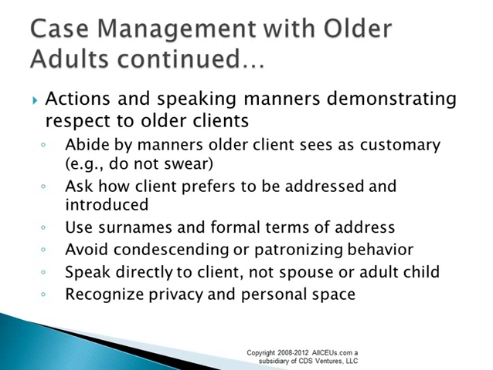How demeaning would that feel? And recognize the client's privacy and personal space. If you're doing home visits, don't go looking around at all this stuff in all the rooms and what have you. That's just impolite.